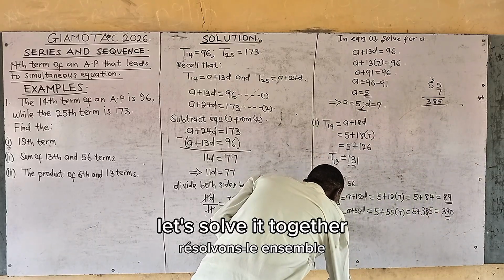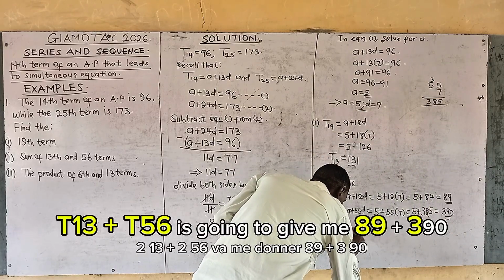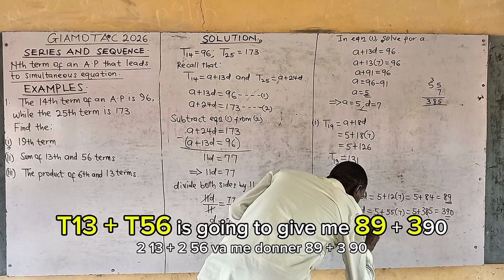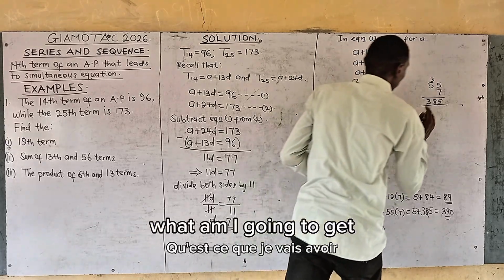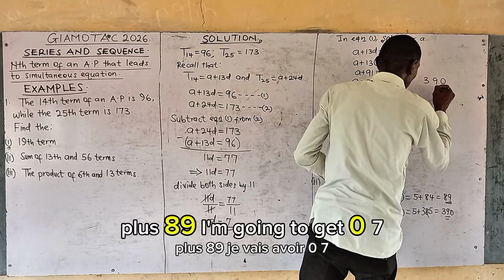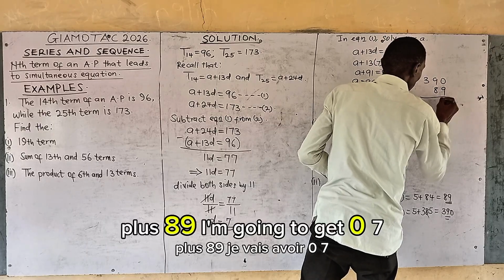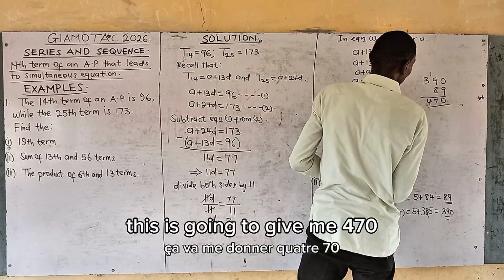Let's sum it together. T13 plus T56 is going to give me 89 plus 390. What am I going to get? 390 plus 89. I'm going to get 9, 7, carry 1.